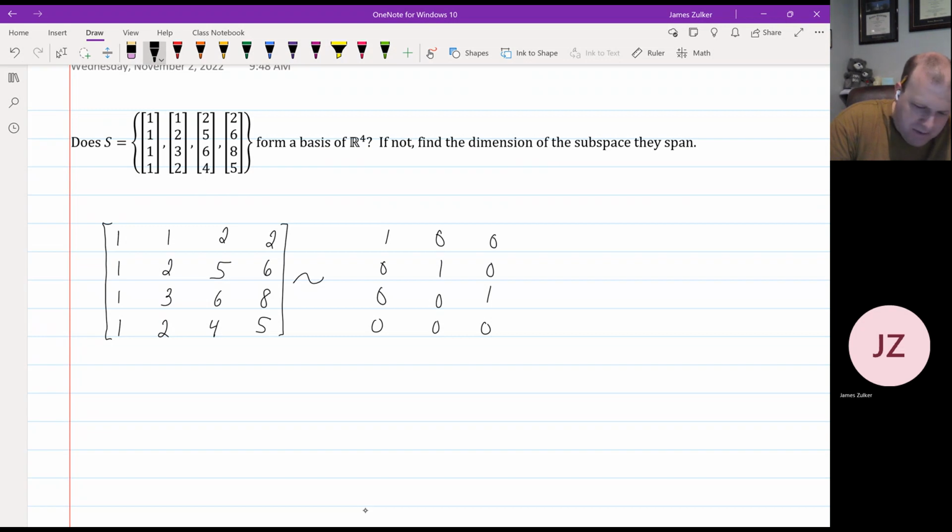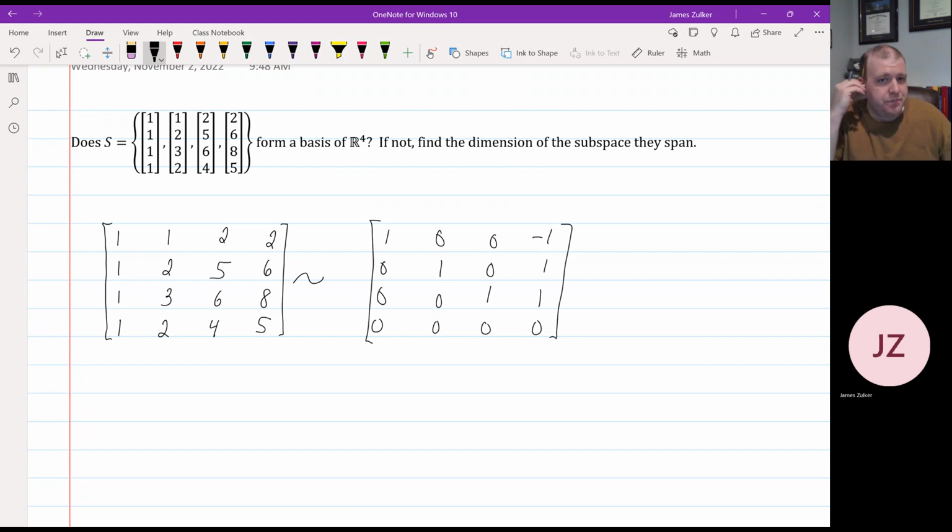Off to a good start, but then we get this. What this means is that it is not linearly independent.